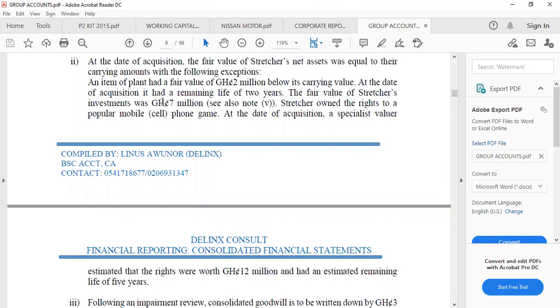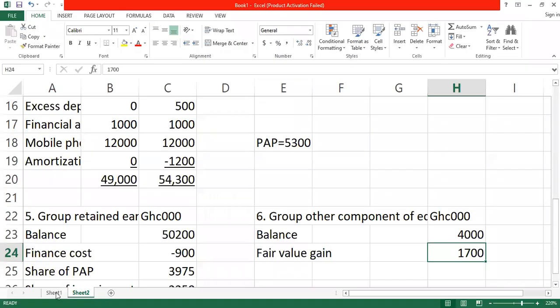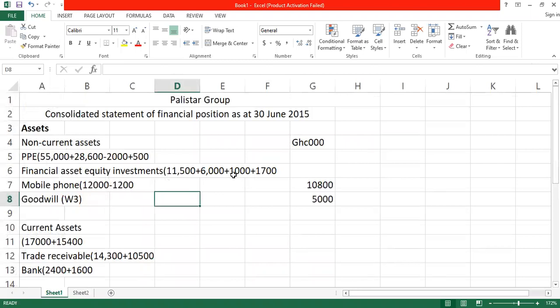The fair value of Stretcher's investment was 7,000. So it means that at the date of acquisition, we have already increased the investment by 1,000. So their value now is 7,000. If you see the investment, we have added 1,000 to it.